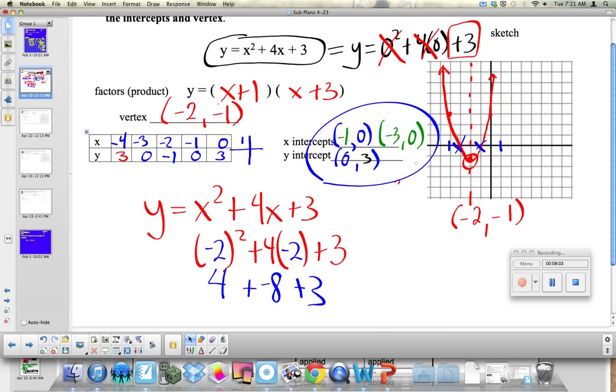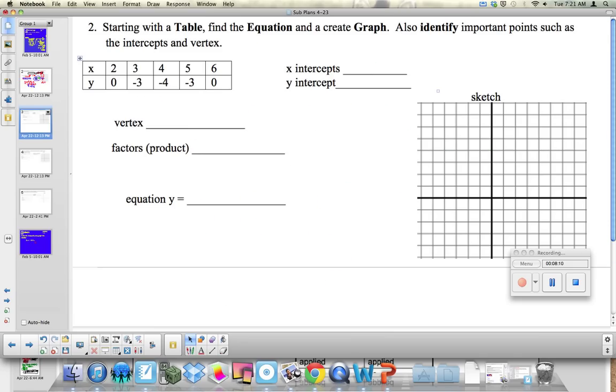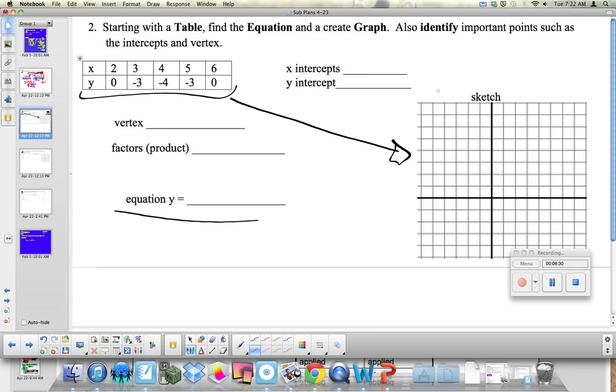I want you to look at one more thing just to help you feel more comfortable with the rest of your problems. I would recommend that you always take the information and focus on maybe the graph for this one. So start with the graph, and maybe you'll see things like your x and y intercepts. Don't be afraid to make your table bigger, okay? And then writing the rule is definitely going to be the hardest part, okay?